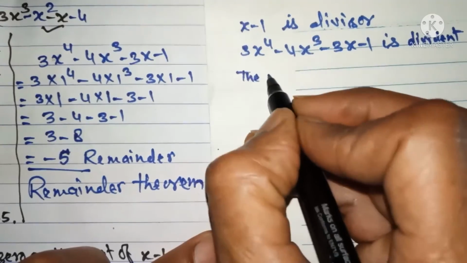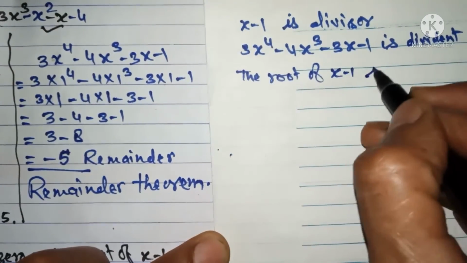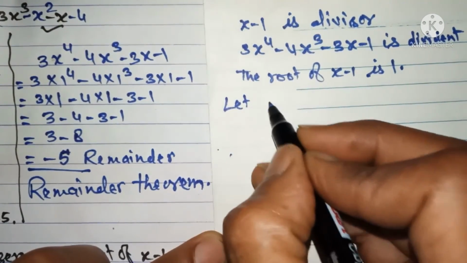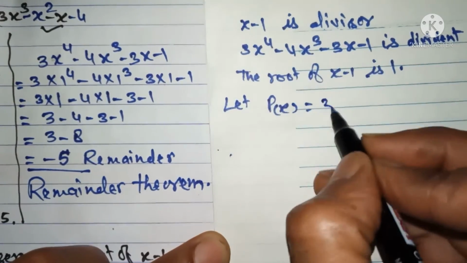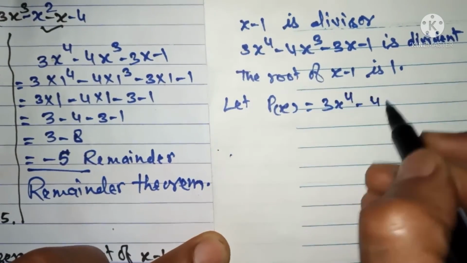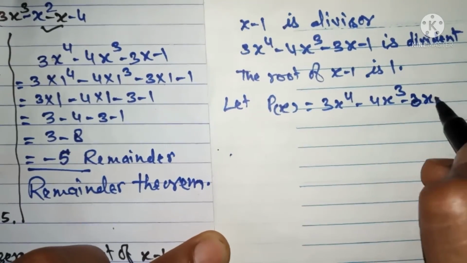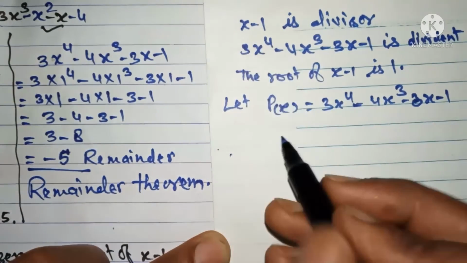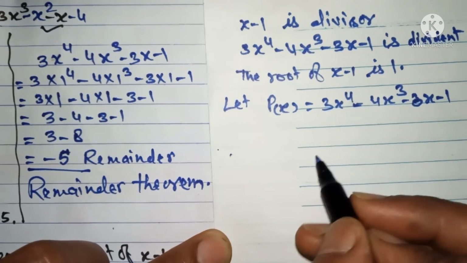The root of x minus 1 is 1. Let px is equal to this dividend 3x to the power 4 minus 4x to the power 3 minus 3x minus 1. We have to divide px by x minus 1, which has 1 as its root.